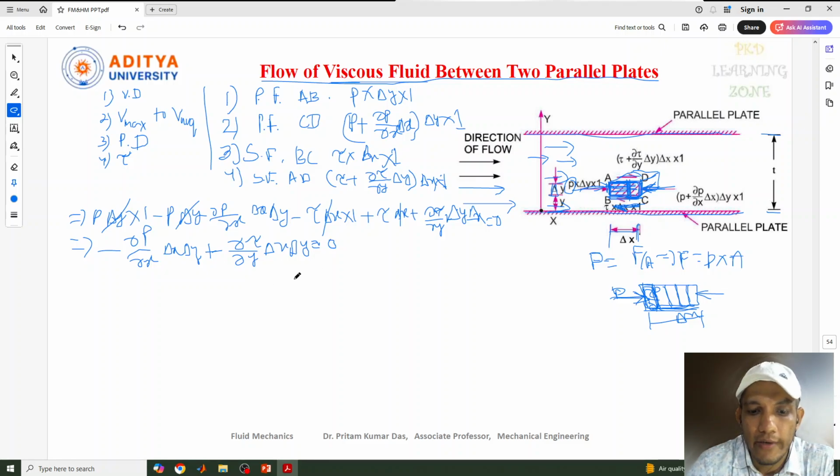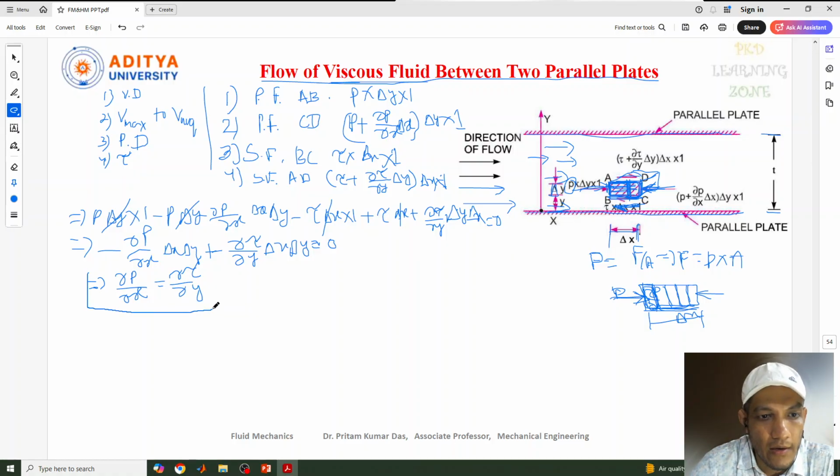Now we can divide by delta x delta y, so that finally we can write this equation: del P by del x equal to del tau by del y. This is very simple, and this one we can call equation 1.